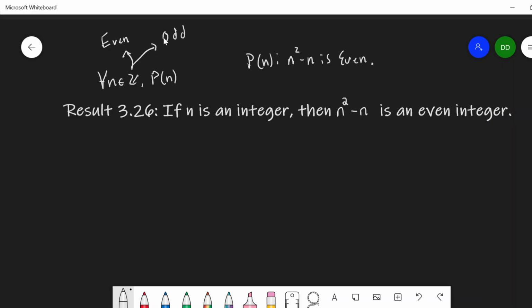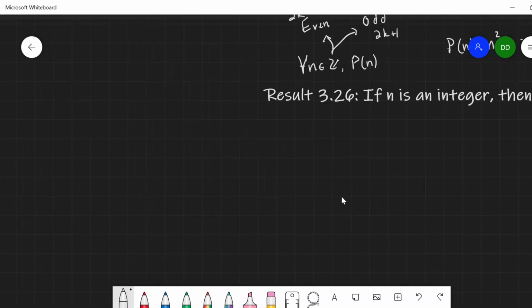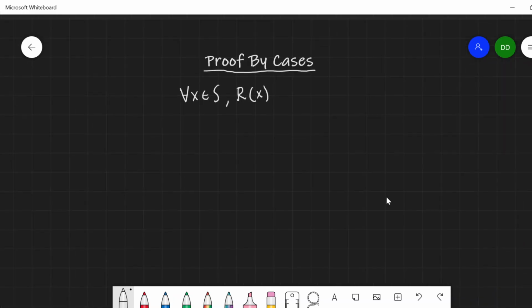And if n is odd, we can write it as 2k plus 1, plug it in, and hopefully show that this is even. By breaking it down into more specific cases, in each of those cases we'll have more leverage on proving the statement. In general, what this looks like is to give a partition of the set S.